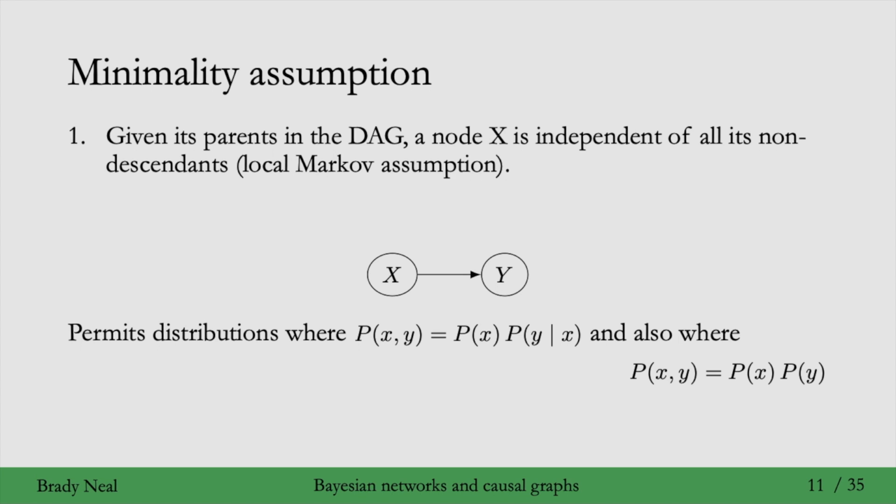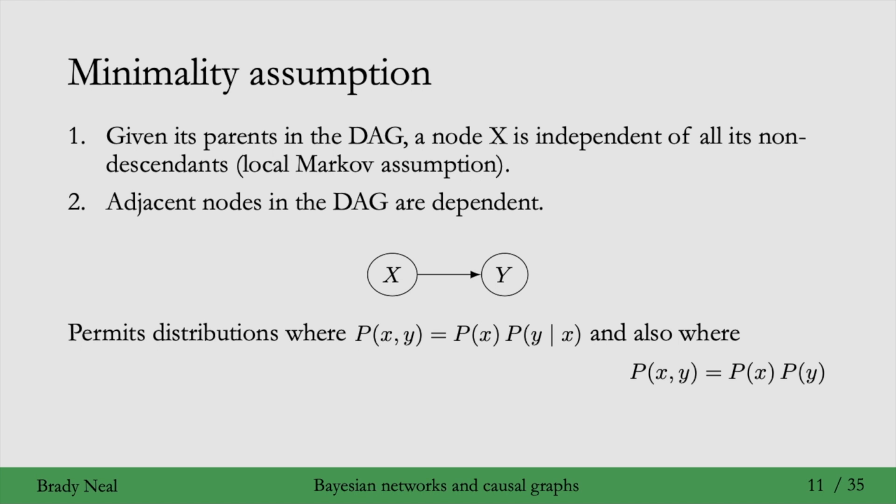In distributions that factorize that way, x and y are completely independent, right? So even though there's an arrow from x to y, x and y don't depend on each other. And that's not really what we want. It doesn't seem very intuitive. So the minimality assumption also adds this second part, which is that adjacent nodes in the DAG are dependent.